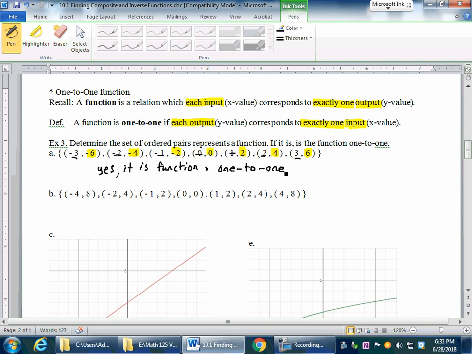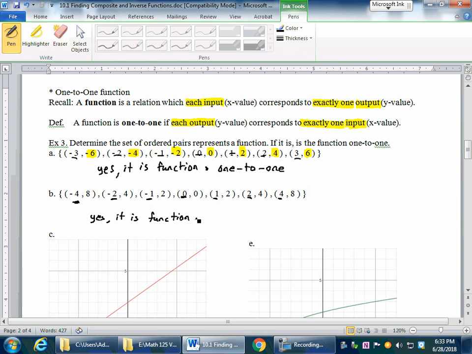Checking the next example, when I check my x values, the x variable in the ordered pairs, 4, -2, -1, 0, 1, 2, 4, all my x values are different, so therefore this is a function. Because if all the x values are different, each x value can only go to one y value.